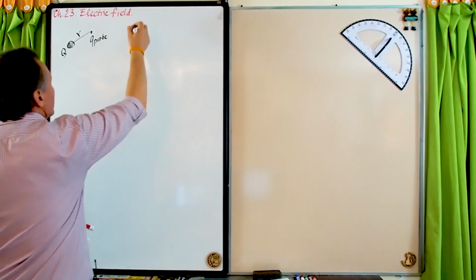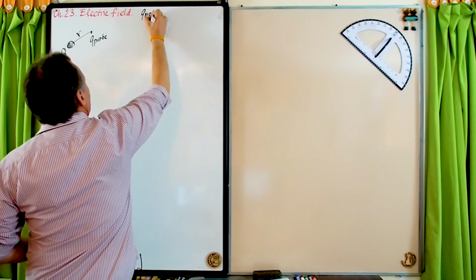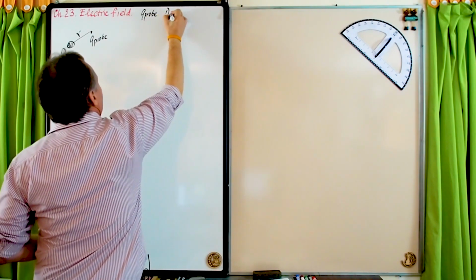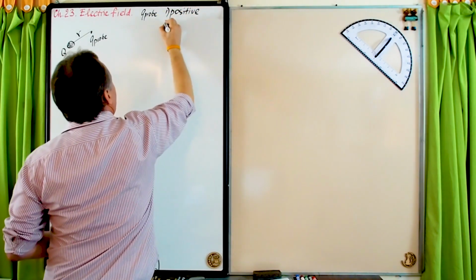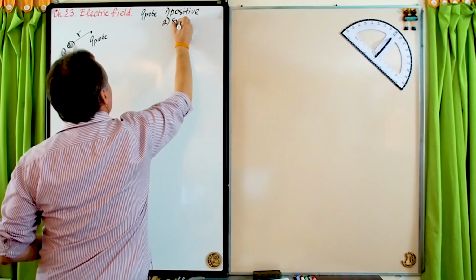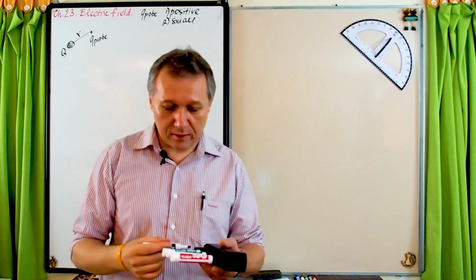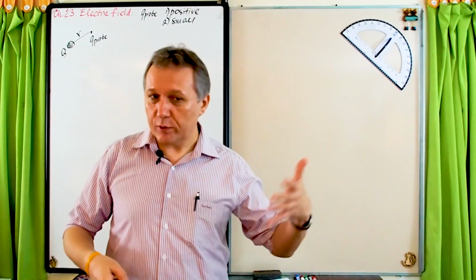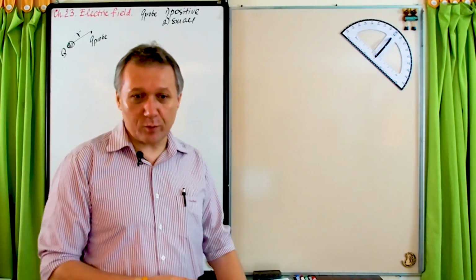And of course, we impose restrictions on this Q probe. First, it must be positive, and second, it must be small. Positive so that we will have the same direction, small so that we would not destroy the system, the electric field of which we want to measure.